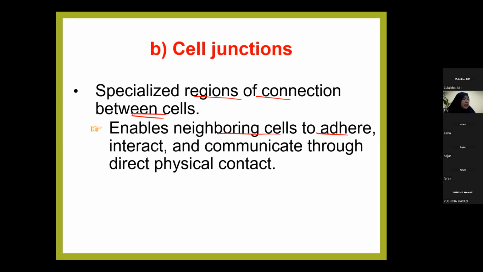It helps the cell to interact among themselves, right? They help the cells to communicate among themselves through direct physical contact. So, membantu sel untuk communicate secara fizikal lah, right? Okay. Okay, next.